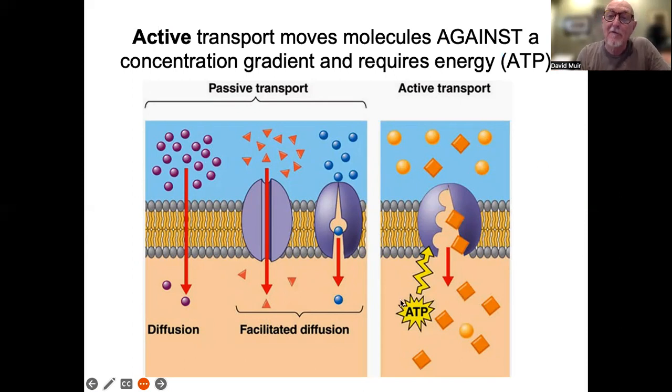We can think of, for example, molecules which are accumulated in the cytoplasm, which only occur in low concentration on the outside. But these active transport proteins will move them from low concentration to high concentration, and that requires an input of energy from ATP. That's why we call it active transport.